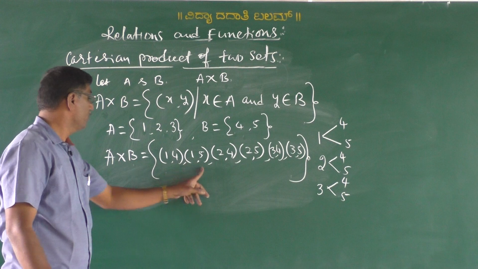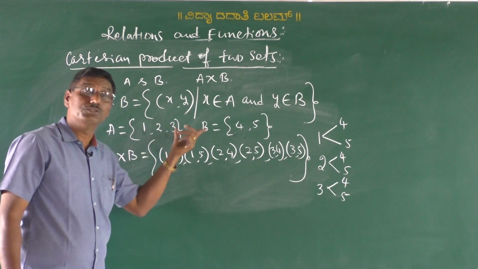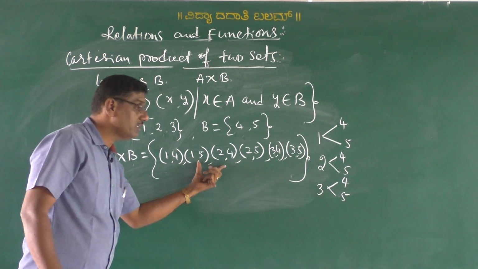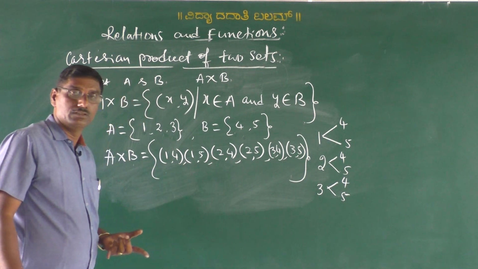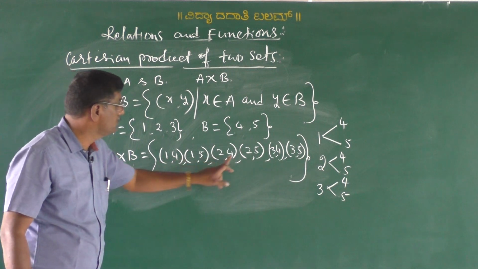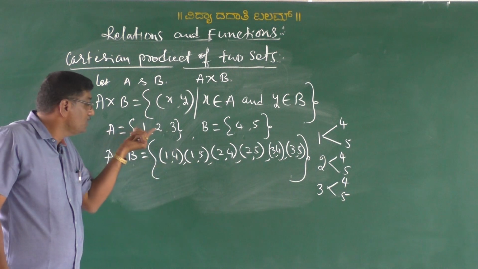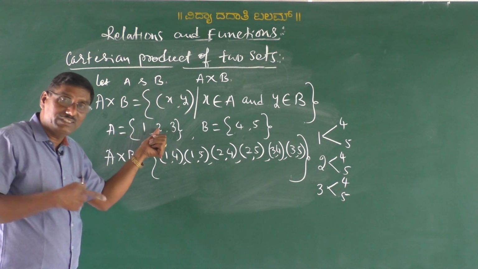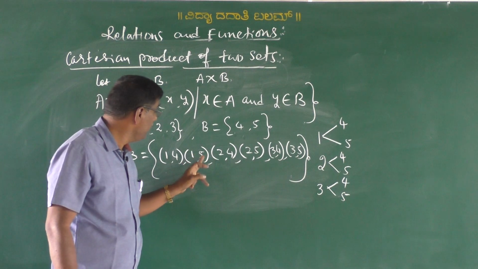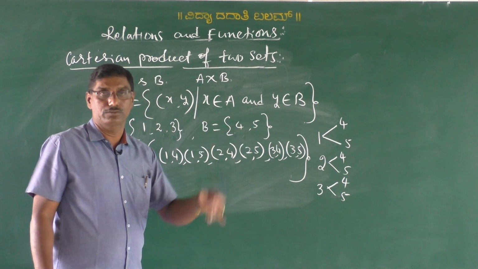This is what we call A cross B, the Cartesian product of these two sets. In these ordered pairs, the first elements must belong to set A, and the second elements must belong to the set B.